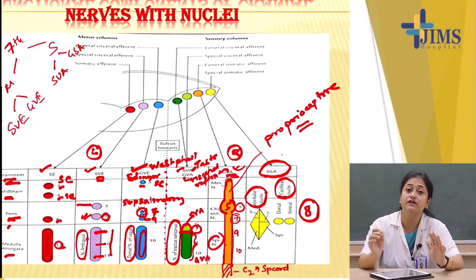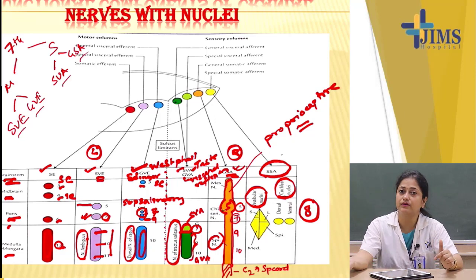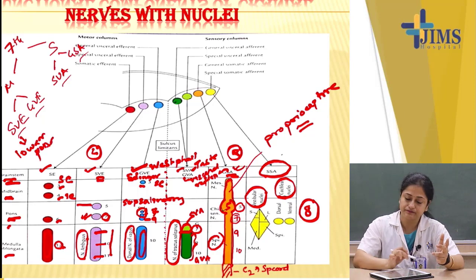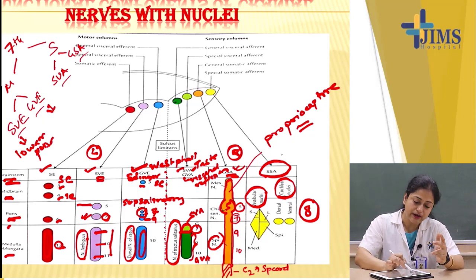So for the facial nerve, if you are asked to write the functional component, we know the motor component, and we know the sensory component. And if you are asked to write the deep origin also, from this picture we can write that the SVE is located in the lower pons, it is the motor nucleus of the facial nerve. GVE is also located in the lower pons and the name is the superior salivatory nucleus.